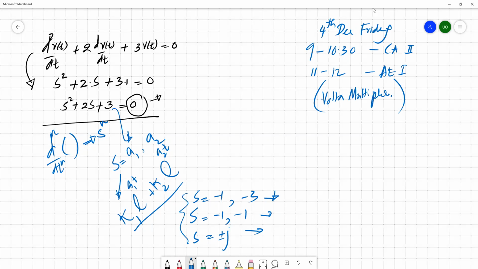I'll discuss these voltage multipliers on Monday during the normal lecture slot. And for circuit analysis 2, we'll basically cover circuits with and without DC sources, up to slide number 20.